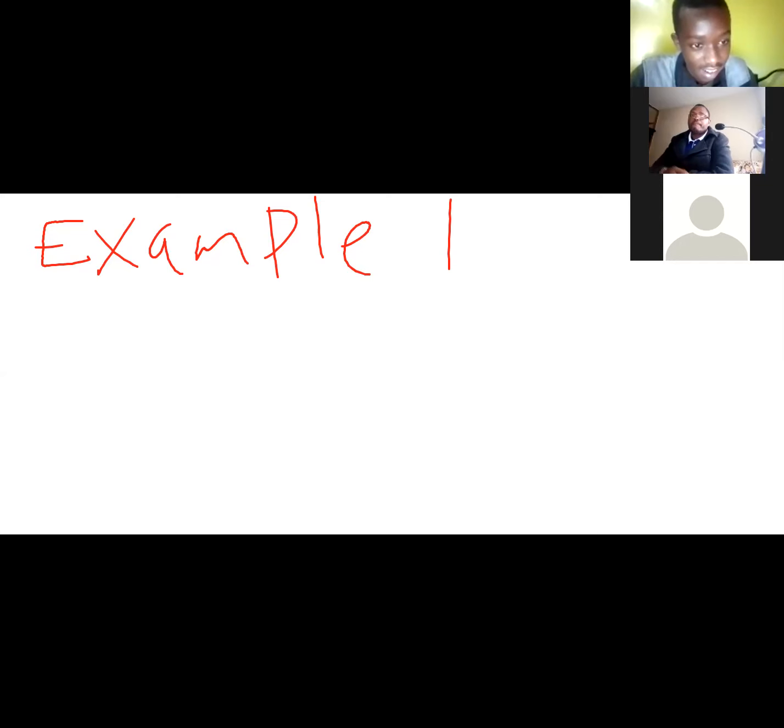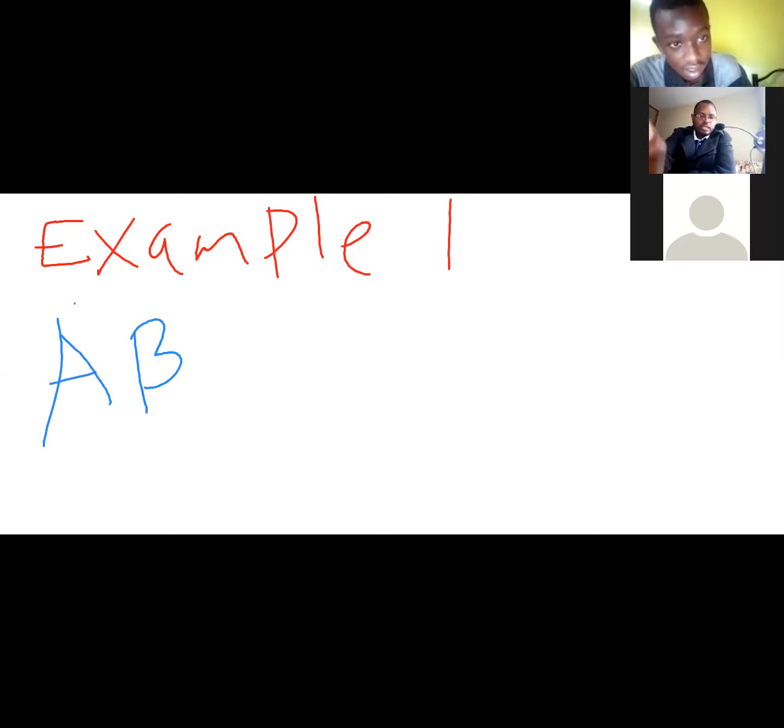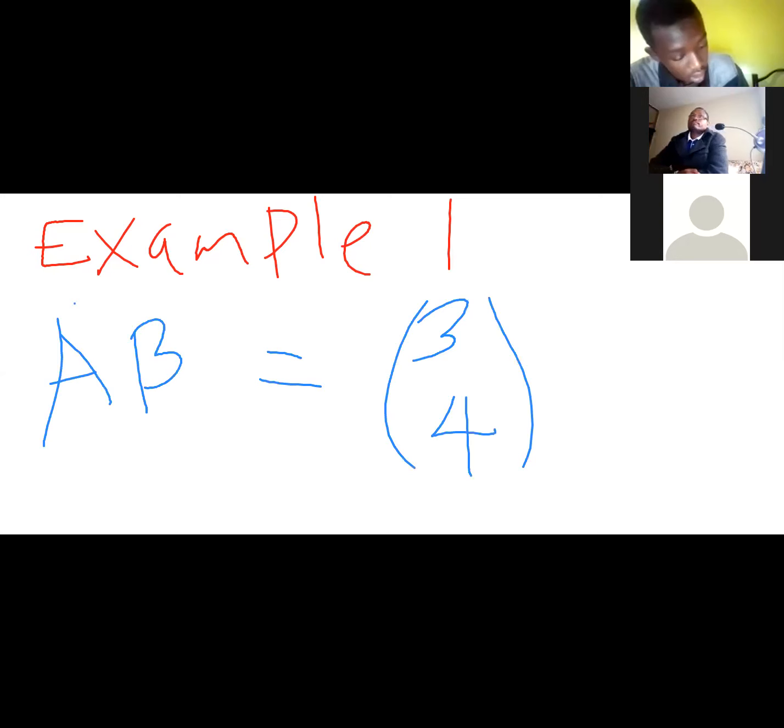If AB is vector 3, find the magnitude of a line AB. If AB is given by that vector.